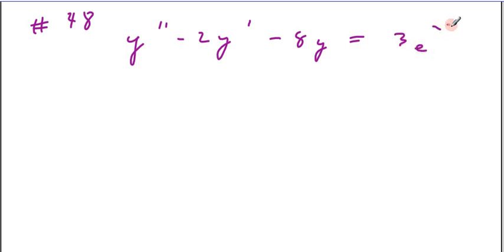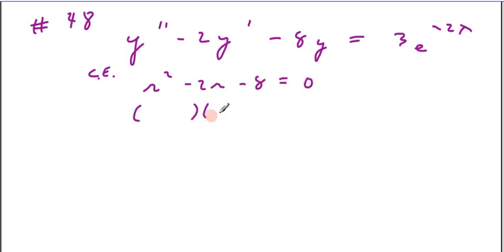Number 48. And number 48 we're using variation of parameters on. In fact, the next 3 we're using variation of parameters on. So we have y double prime minus 2y prime minus 8y is 3e to the minus 2x. Okay, and we have a characteristic equation, r squared minus 2r minus 8 is 0.